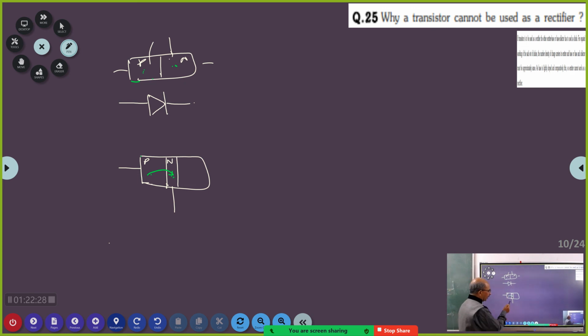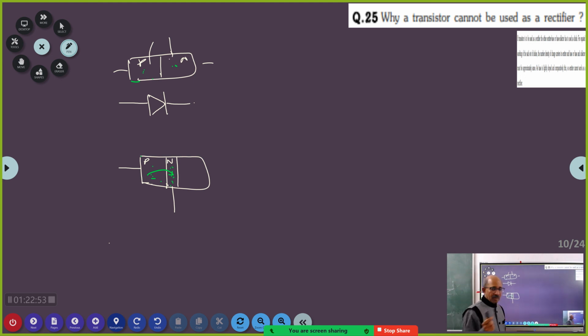But when you reverse bias this junction, because the doping of this is lower than this, the blocking capacity is very less. Therefore, this will not work like a perfect rectifier. It can work like a rectifier, but it will not be a good rectifier, because its capacity to block is limited.